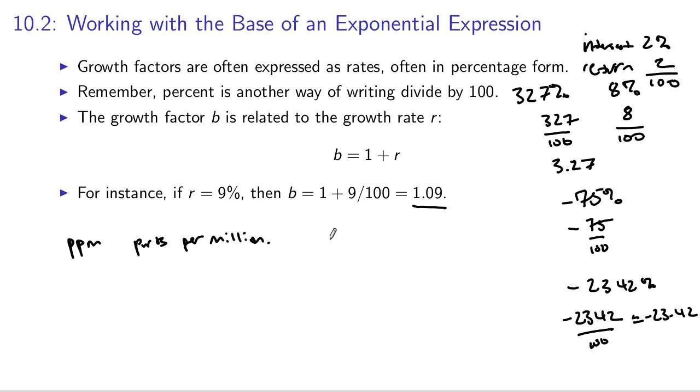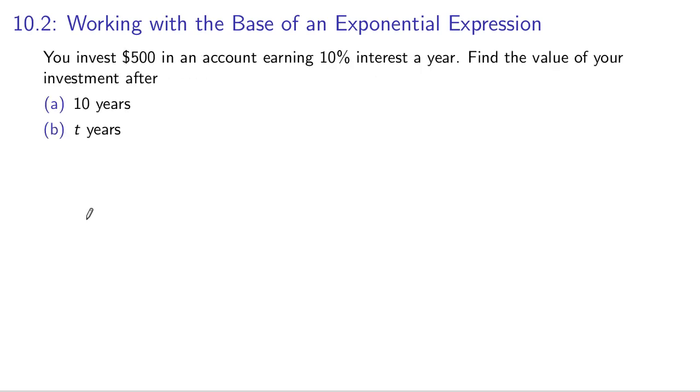So if I said the colony of bacteria is growing 70 ppm a second, that would mean 70 parts per million, 70 over 1 million. Instead of a percentage, I gave it as parts per million. So it's a very small growth. I don't know if we see this in the homework in our class, but you'll see it at some point in science or some other field.